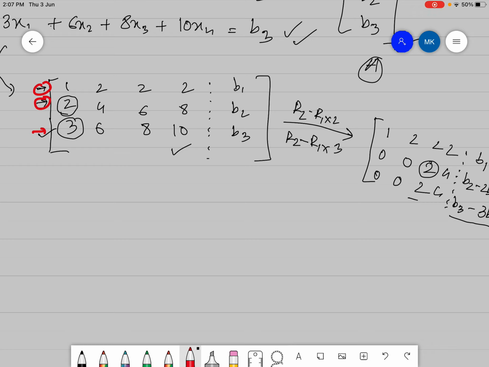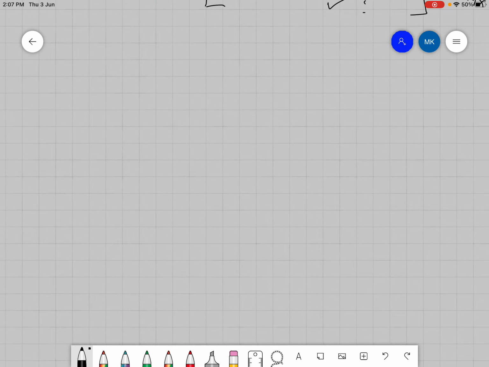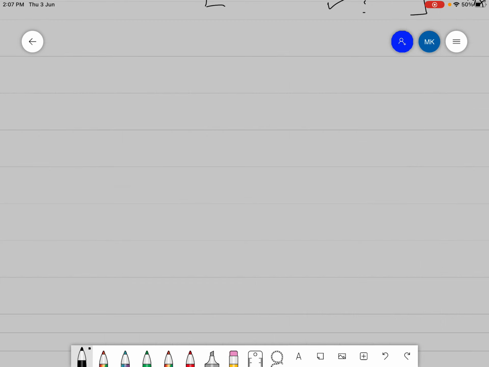So now I have to find the complete solution to Ax equals b. We have two steps to find the complete solution of Ax equals b.